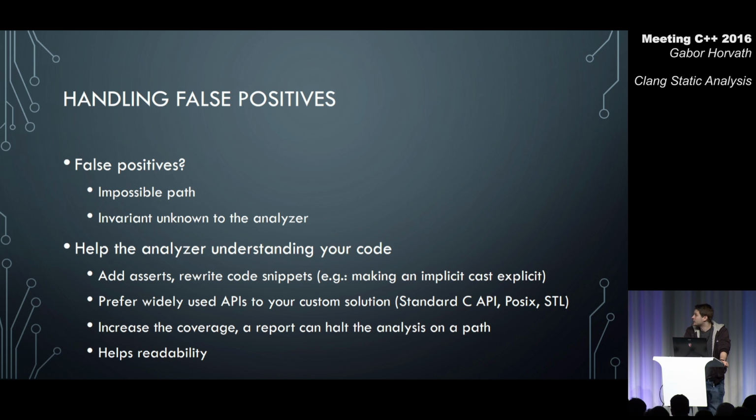So these changes can also help readability, and in case we make our code more readable, we can also decrease the maintenance cost of the software significantly, because if you think about it, most of the time we spend most of our time actually reading code and not writing it.